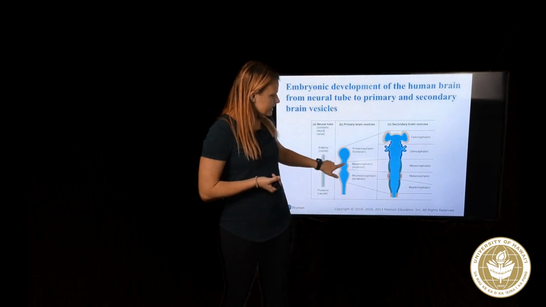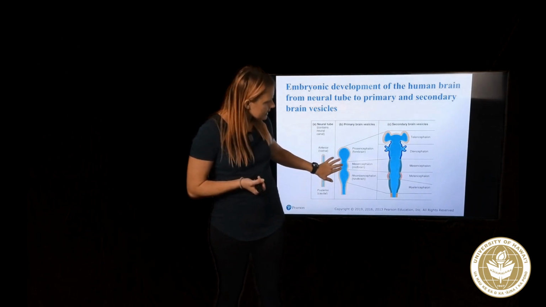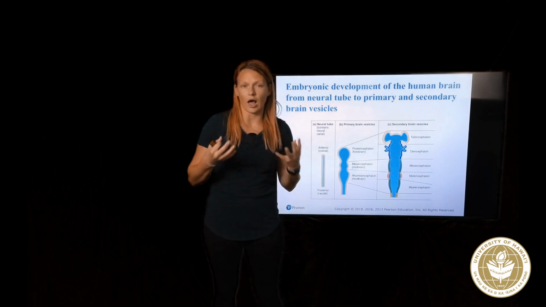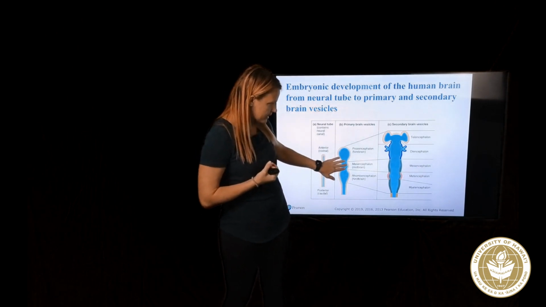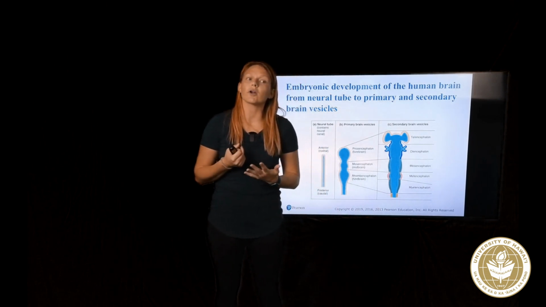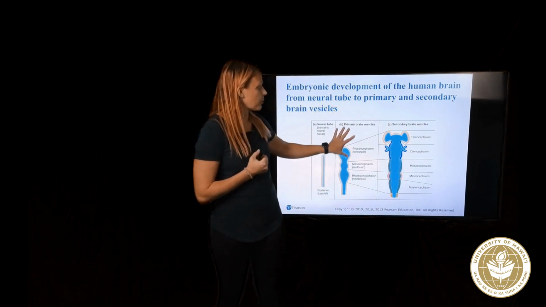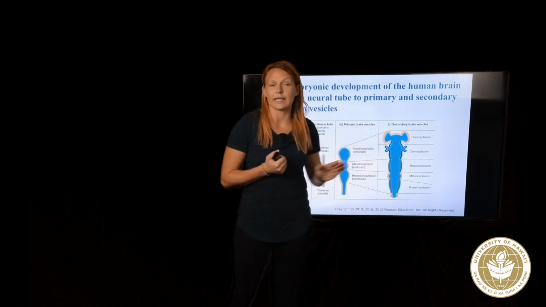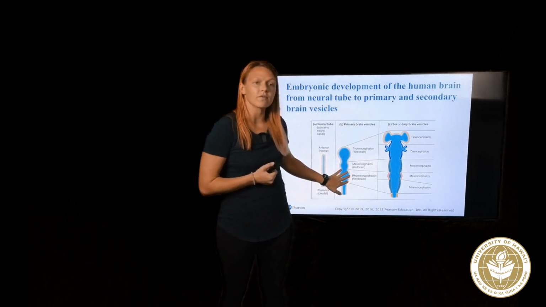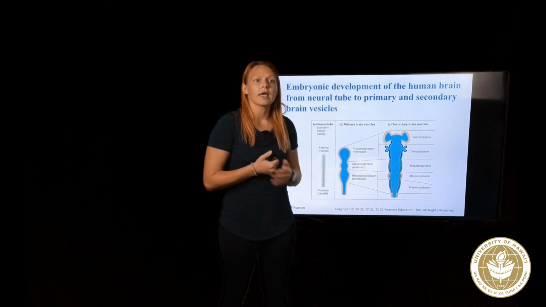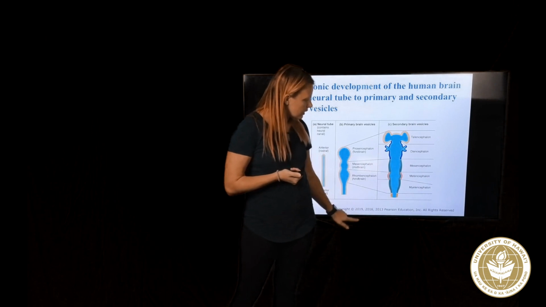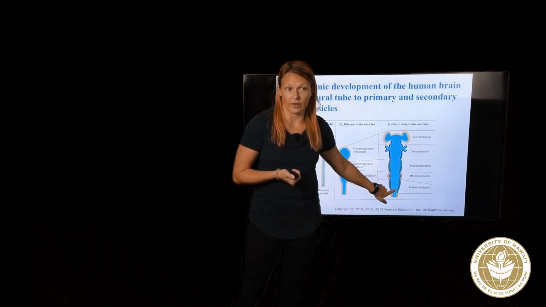Then this mesencephalon, notice how it gets a little bit bigger, but we don't break it into any other vesicles, right? The mesencephalon stays the mesencephalon. And that's the only part of the brain that does not change from the primary brain vesicles to the secondary brain vesicles. Lastly, we have this rhombencephalon, or the hindbrain, and it's going to differentiate into the metencephalon and the myelencephalon.